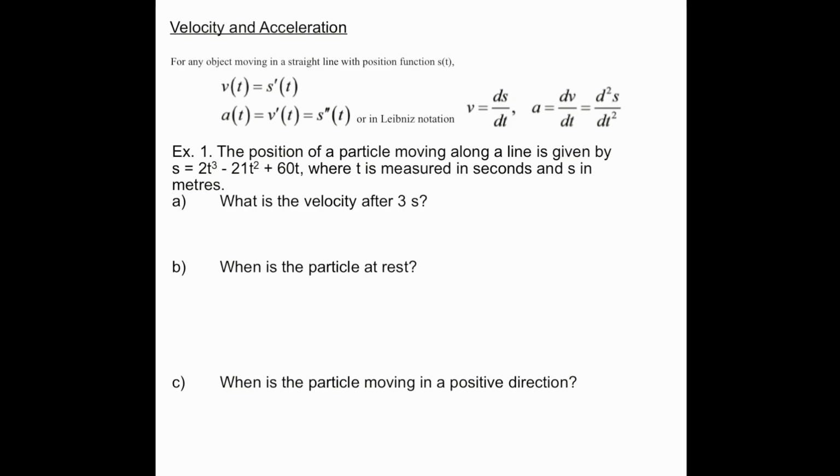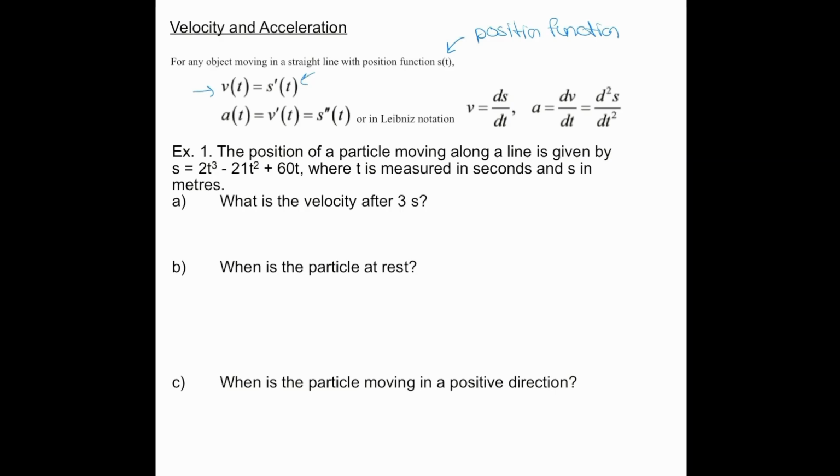So let's write down what we've just seen. For any object moving in a straight line with a position function of s of t, whatever that equation happened to be that was represented by our position time graph, I can find the velocity function by taking the first derivative of that position function.